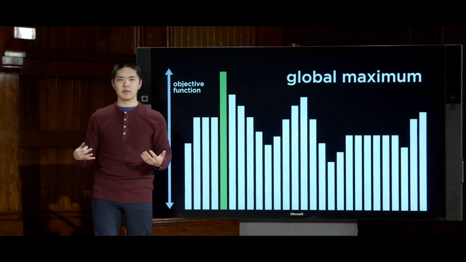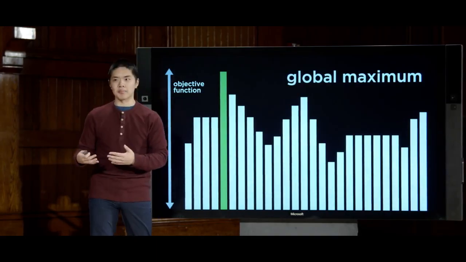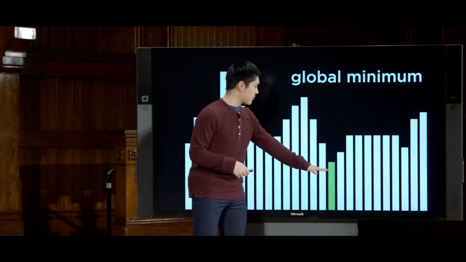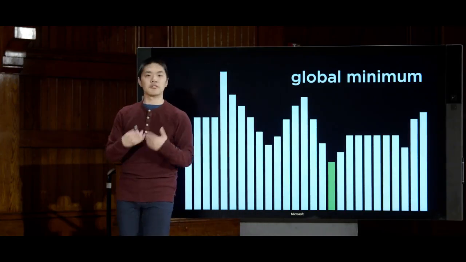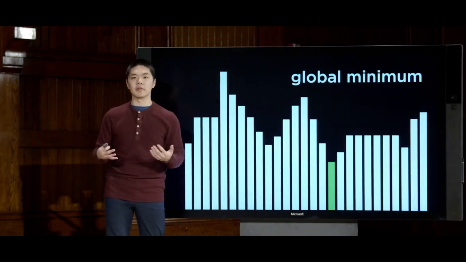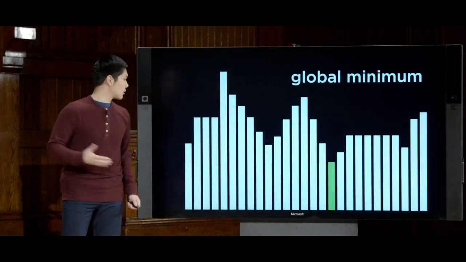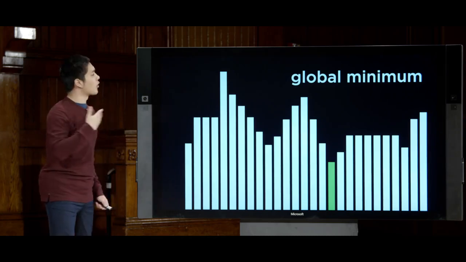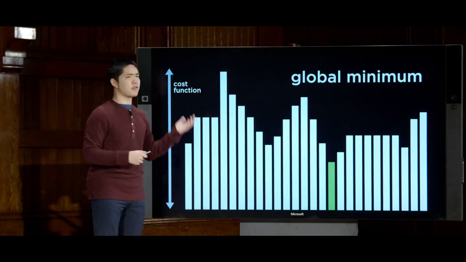And ultimately, what our goal is to find one of these states that has the highest possible value for that objective function. An equivalent but reversed problem is the problem of finding a global minimum, some state that has a value after you pass it into this function that is lower than all of the other possible values that we might choose from. And generally speaking, when we're trying to find a global minimum, we call the function that we're calculating a cost function.